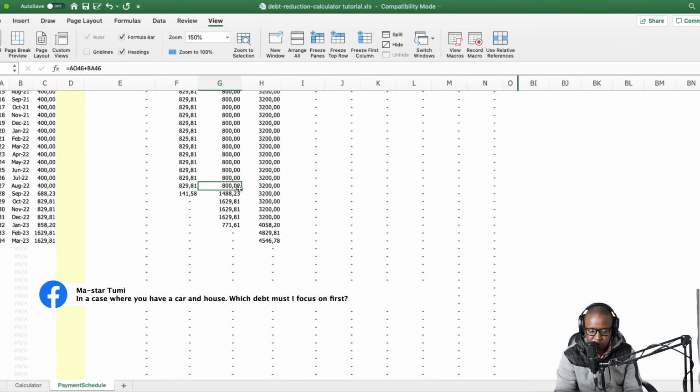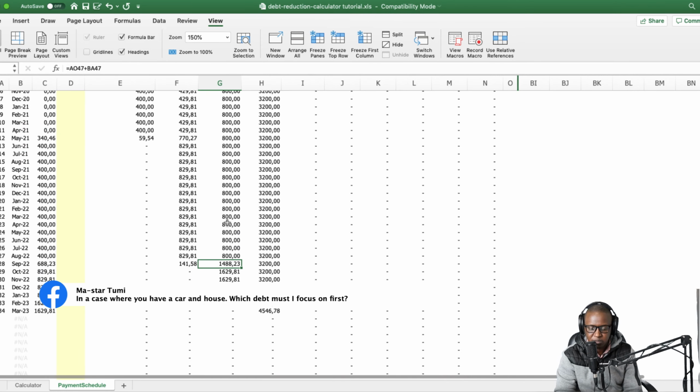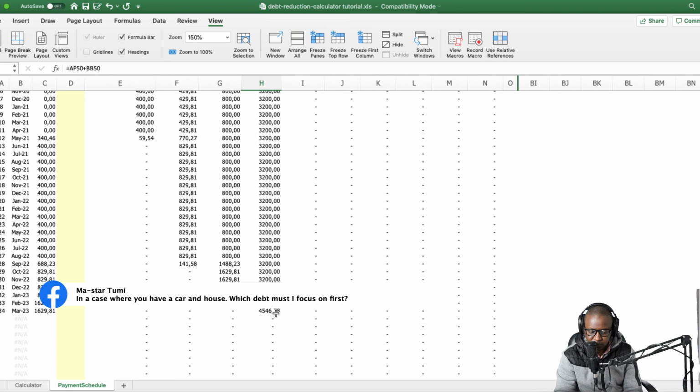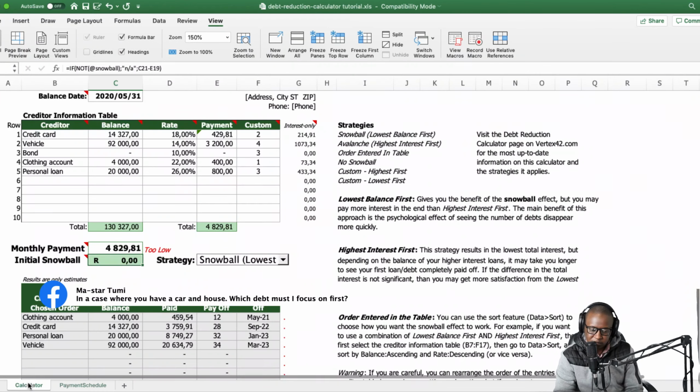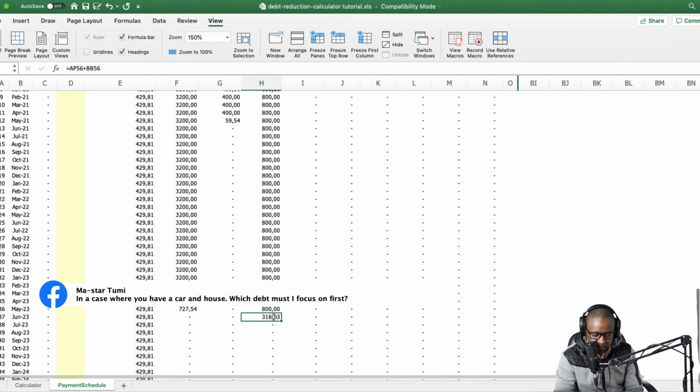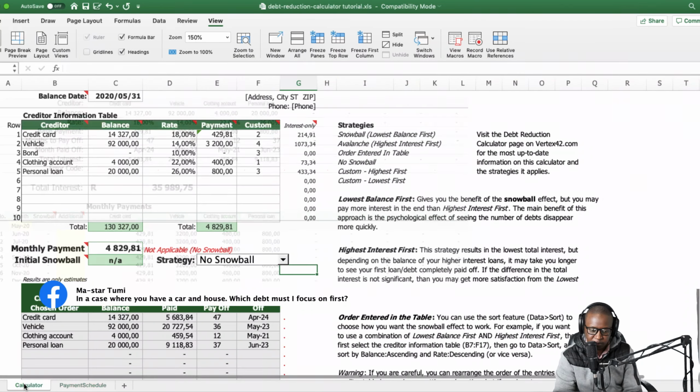So your installment will increase from 800 to 1,488. Then once you are finished with your personal loan, you will move it over to your vehicle. Then you pay your vehicle in 34 months. Because remember, if there was no snowball method, your vehicle would have been paid off in 37 months, but now you'll be paid off in 34 months. So you'll be debt free in 34 months if you're using the snowball method.